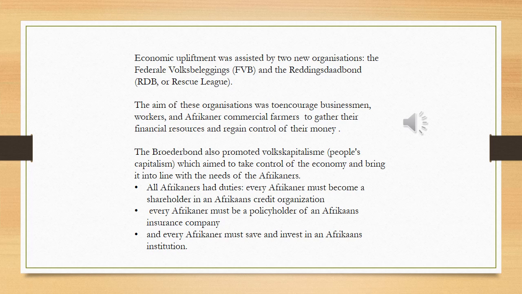Basically, what the Broederbond was doing was making sure all the money stayed within the Afrikaner community. No money must go to the other nations or rather the other races. Hence, all Afrikaners have these duties in order to control the economy, benefit themselves financially, and also show their unity and their identity.